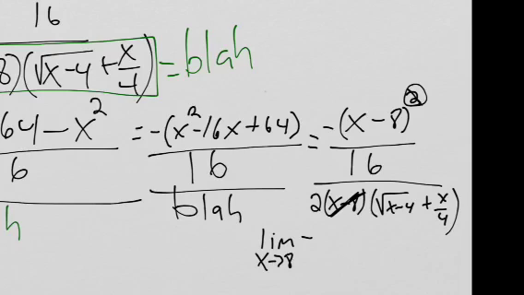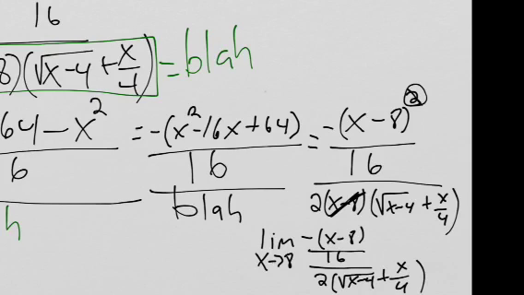And this is negative x minus 8 over 16, over 2 times the square root of x minus 4 plus x over 4. Okay, running out of room, which is not ideal.